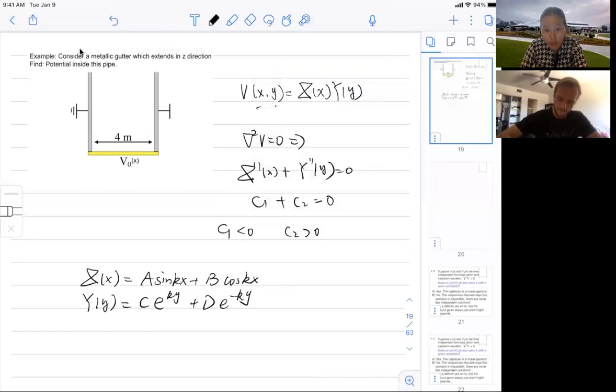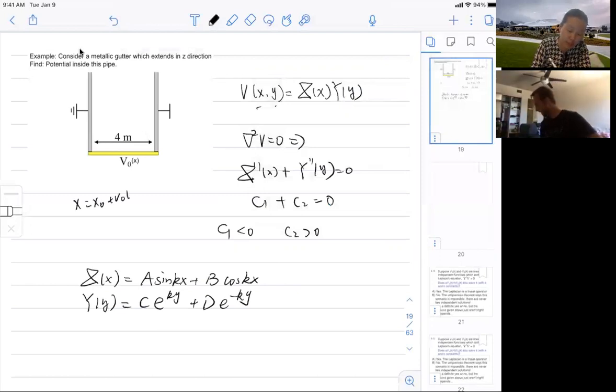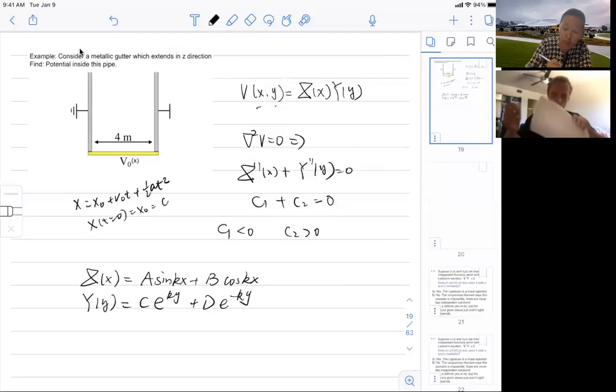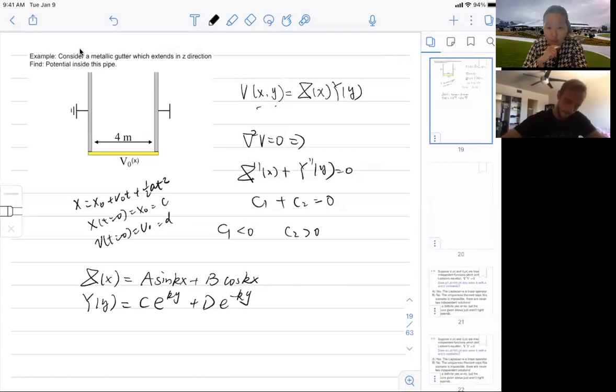For example, back in 1510, if we solved for x equals x naught plus v naught t, and you know x at t equals 0 is some constant x naught, you can plug it in and figure out what that constant is. The same goes if you know v at t equals 0 is some other constant. Then you get your equation for position. So this is very similar to that.